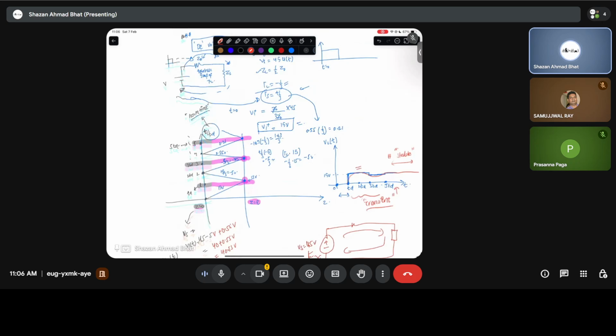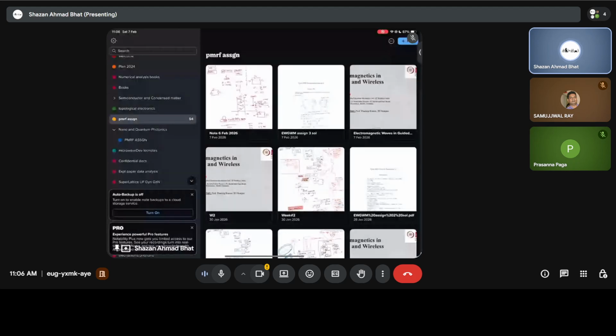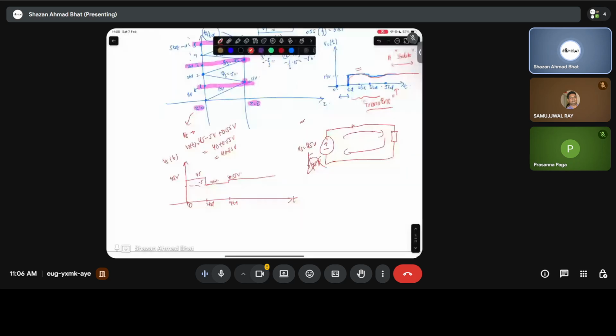That's why I'm thinking that there is some sort of error in this particular question. Yeah, okay, let's get back to this question once we are done with it. But this is the exact procedure of solving these particular problems. Maybe there might be some mistake with the calculation done.